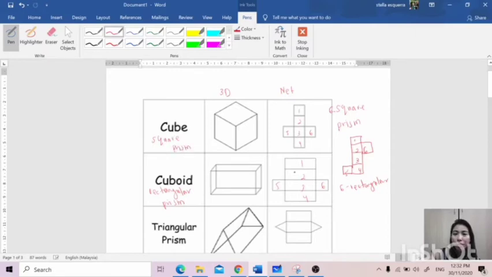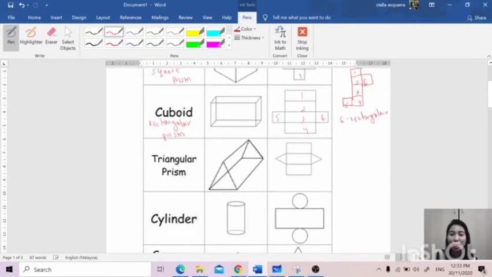So the difference between a cube, or square prism, and a rectangular prism is the 2D shapes that make them up. The 6 squares make a cube and the 6 rectangles make a cuboid. Easy, right?